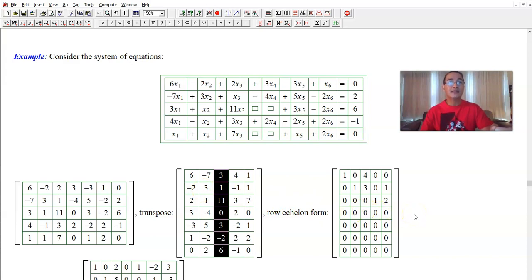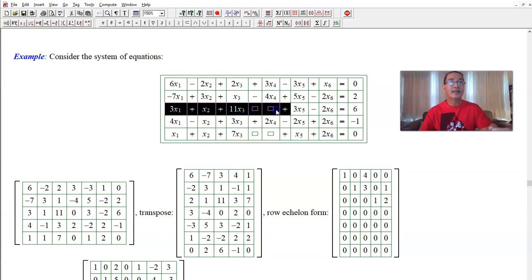But what does this mean? It means that this column, which came from this row, aha, so let's highlight this row. This tells us that row 3 of our original system is a linear combination of the first two equations.